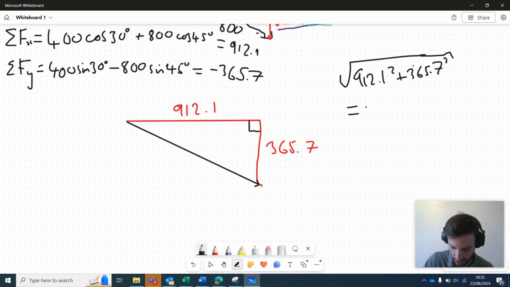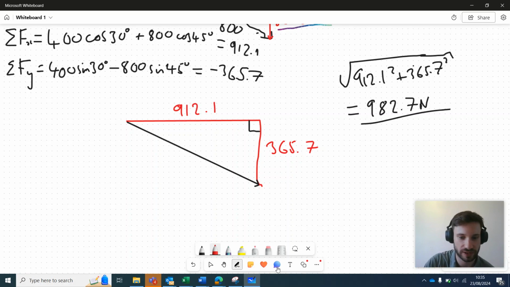And we find that to be... let me calculate it here. It's the square root of 912.1 squared plus 365.7 squared, which is 982.7. Let's put the unit there and just underline it because that's one of the answers to the problem.